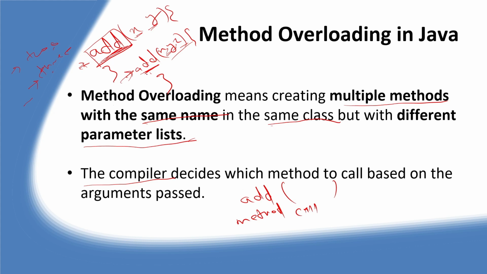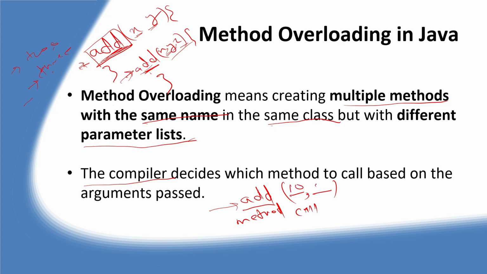It has defined two methods and a method call is happening. So what will the compiler do? The compiler will check that the method name is the same, and then it will look at the parameters, that is, how many arguments have been provided in the method call.